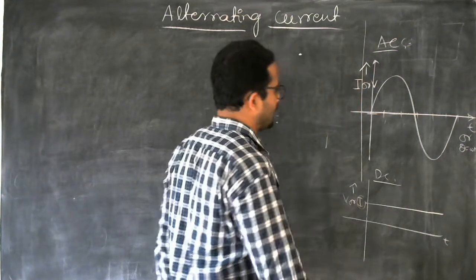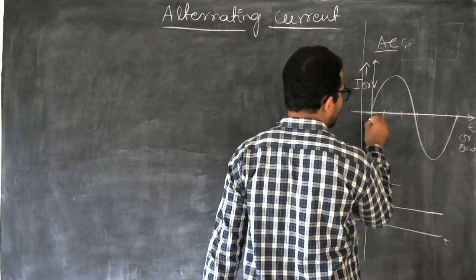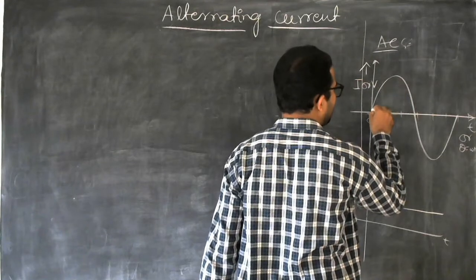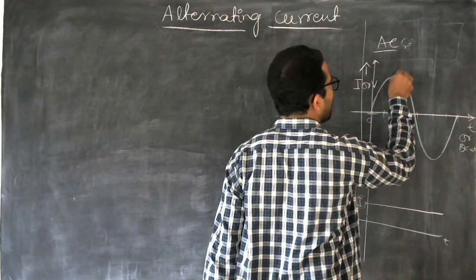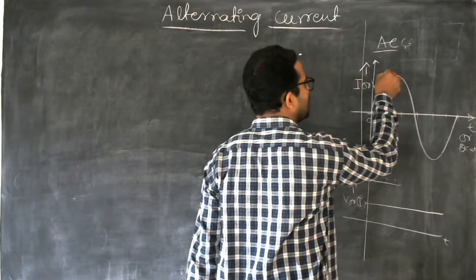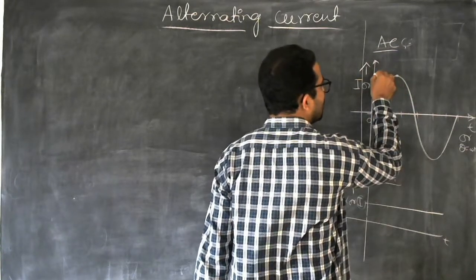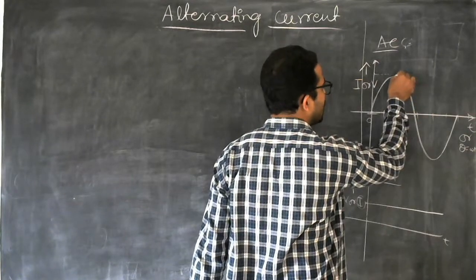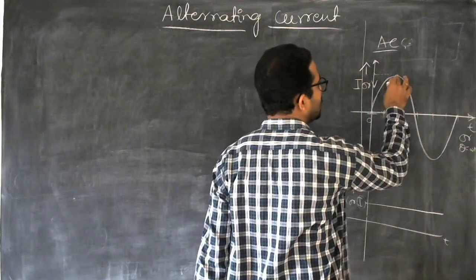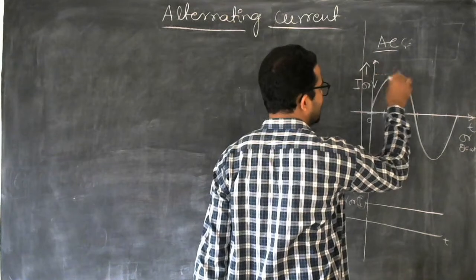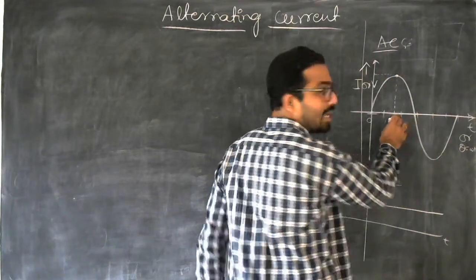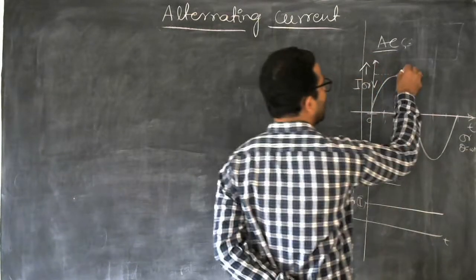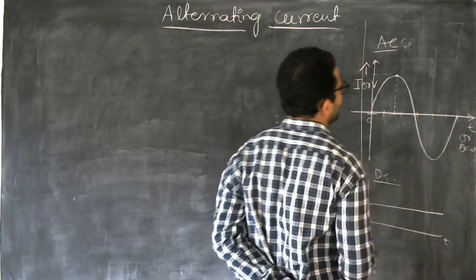Then how to take the angle? See here, this is 0, angle is 0, and this graph is reaching its maximum value there. If you take a point here and extend it to the x and y axes, I can get the values of this point on x and y, right?